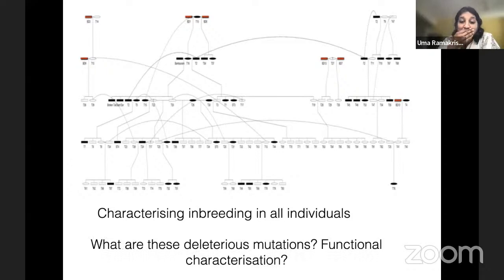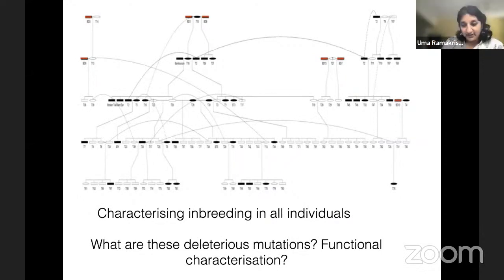And what we would also like to do is to understand these deleterious mutations better. So one possibility is to actually do a lot more bioinformatic curation, compare our mutations to mutational databases like PolyPhen and so on, known mutations, as well as known conditions in cats like polycystic kidney disease, hip dysplasia, and cardiomyopathies.